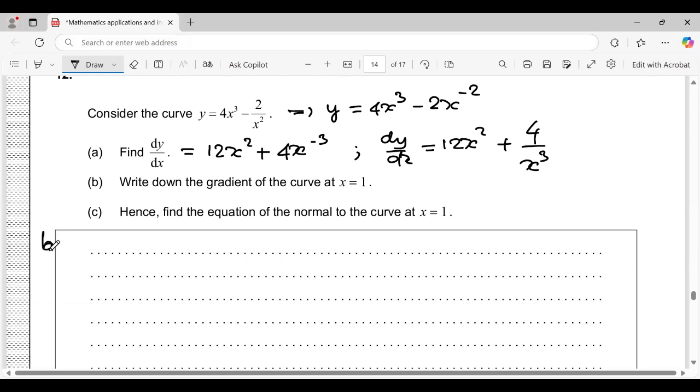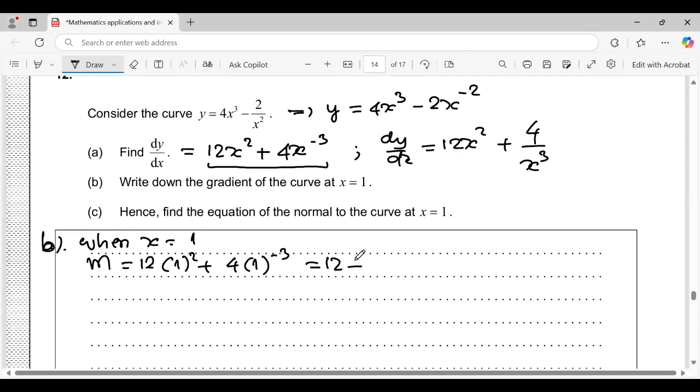That's part A already, now B. So when x equals 1, the gradient using the derivative is 12 times 1 squared plus 4 times 1 to the power minus 3. That is 12 plus 4, because 1 to the power minus 3 equals 1, so it is 16. So the gradient is 16.